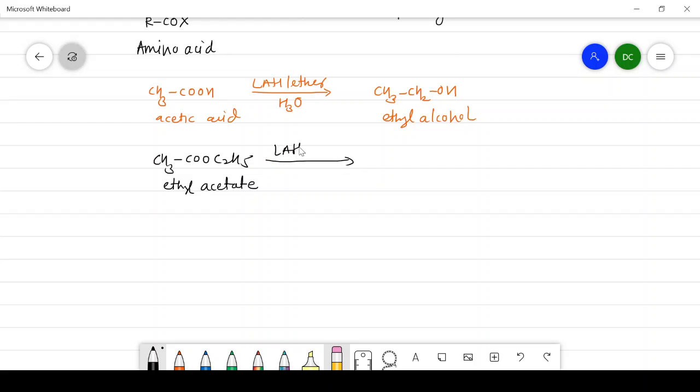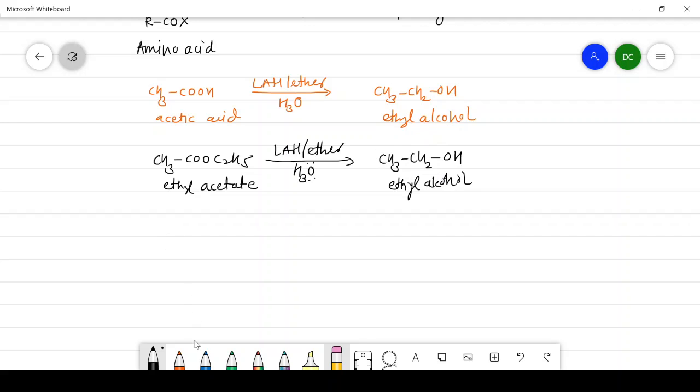Same reaction condition, we just have to change this OC2H5 group by OH and the remaining will be the CH2. Then we get ethyl alcohol. So acetic acid or ethyl acetate, when treated with lithium aluminum hydride, give ethyl alcohol.